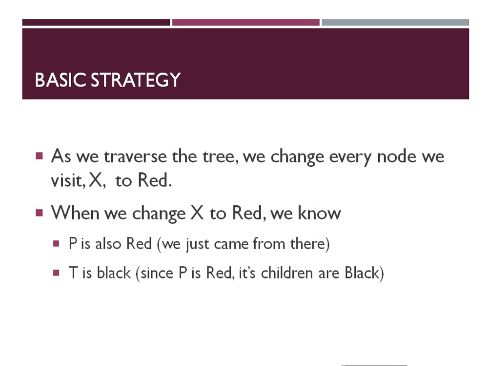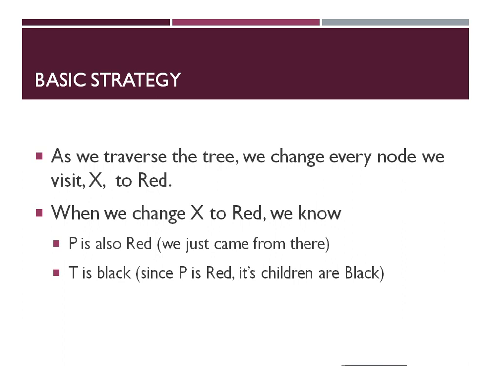When we change X to red, we know that P is also red. X's parent is P, right? Parent of X is P, which is colored red. So if we are changing the color of X to red, then there will be a problem.